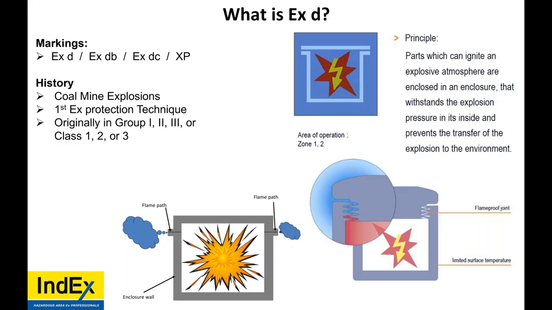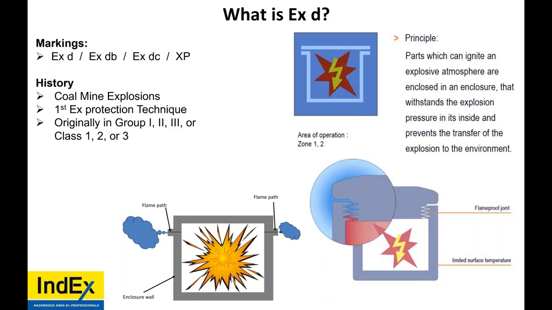Now, what is EXD? Well, the principle of it, it's a bomb-proof safe. It contains the explosion within the box. It does not stop hazardous atmosphere, gases, or vapors from entering.